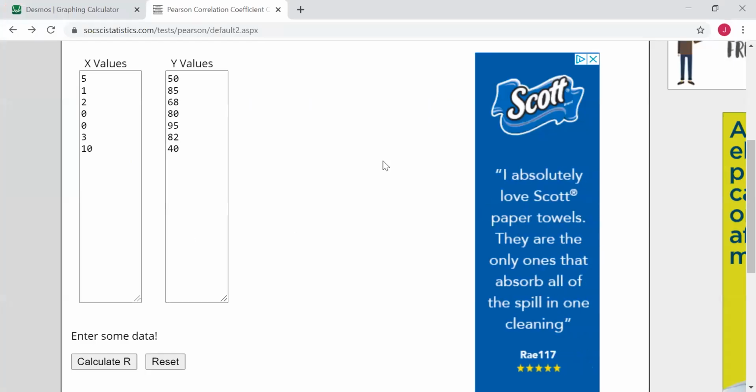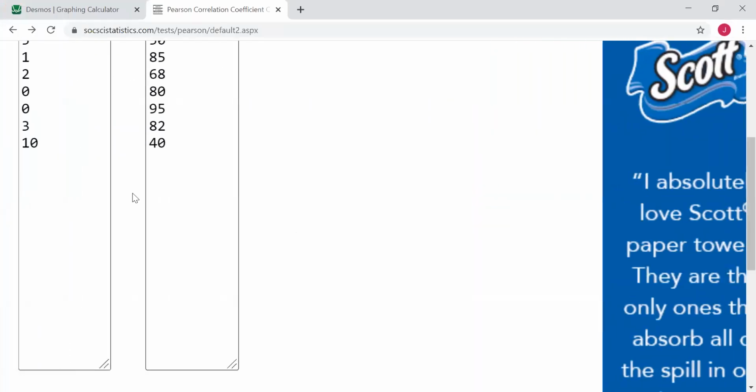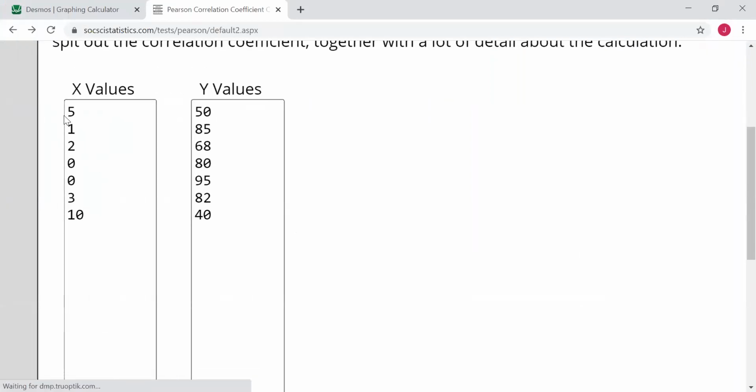So this was the data for the number of absences a student had and their grade. Someone had 5 absences, got a 50. Someone had 1 absence, got an 85.